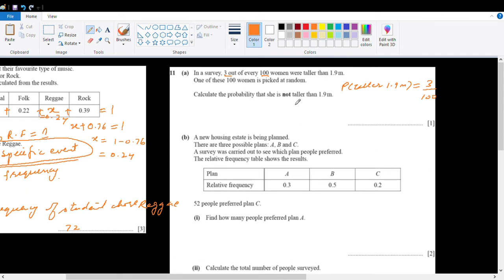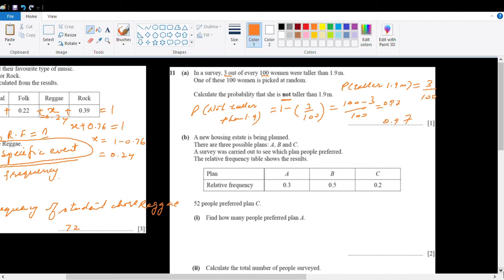Whenever the word not has come, you will subtract the event from 1. So it is 100 minus 3 over 100, that is 97 over 100, and when you divide it by 100 it becomes 0.97.